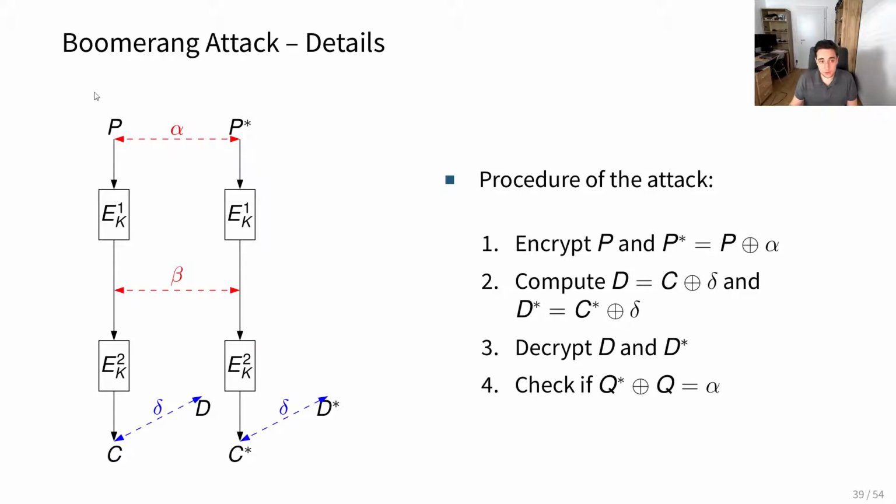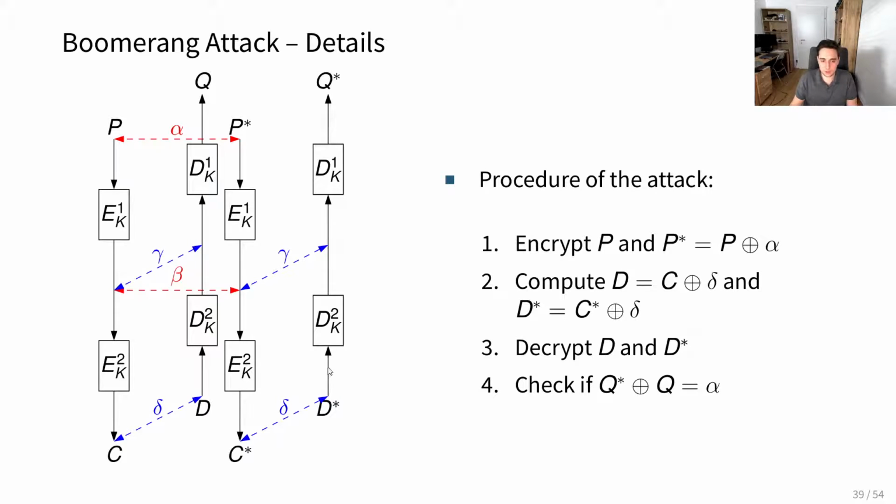So we let it encrypt these plaintexts, and we arrive at C and C star. Then we introduce another difference here. We compute basically D and D star. And what we do now is we go into the backwards direction. This is where the name boomerang comes from. Essentially we decrypt D and D star, which are now ciphertexts again.